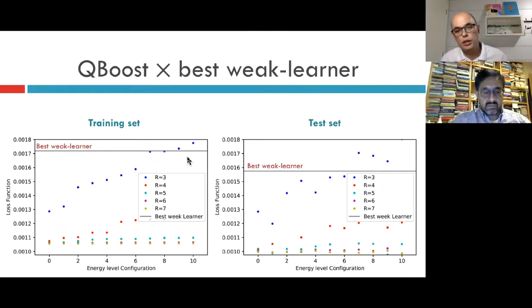I mean, the QBoost is giving us good results. And it's also important that the ground state is here, and these other points mean excited states. So you are sampling other excited states, and they are giving better solutions than the best weak learner could give us.